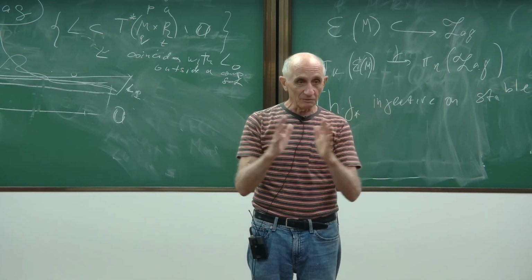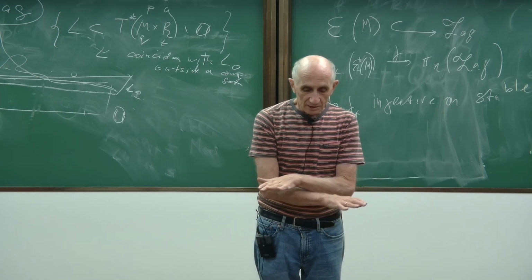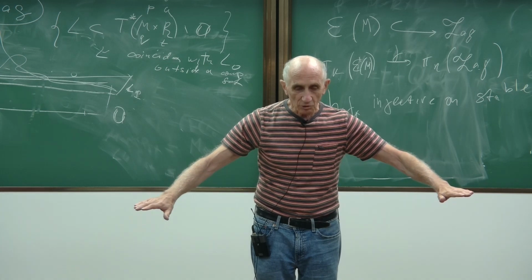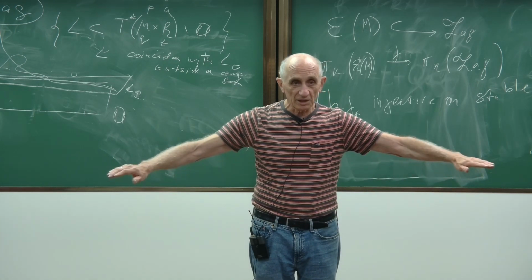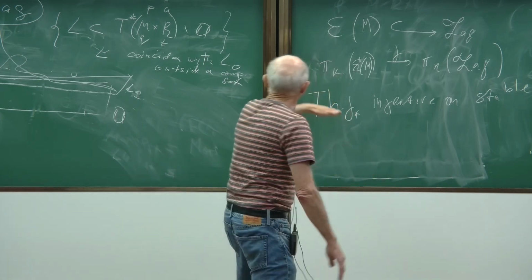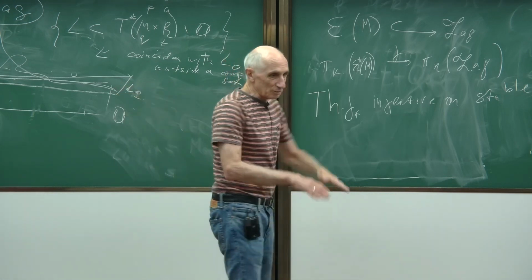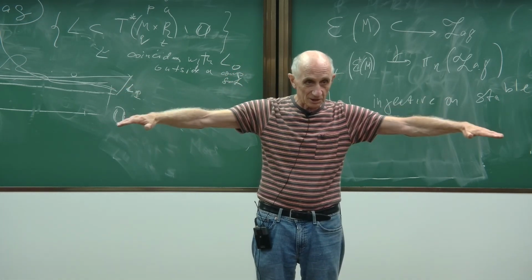Okay, so if you try to argue properly, there is a little bit more involved, because in fact you need to prove the following thing. You need to understand the topology of the space of generating functions which generate, for instance, this L1, or generate some fixed Lagrangian, like the zero section.